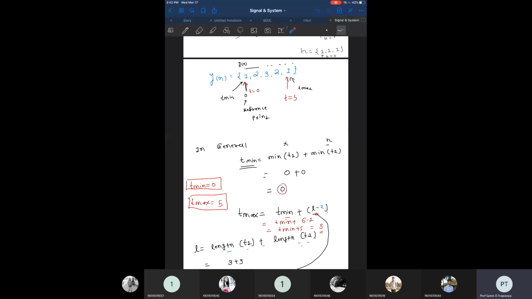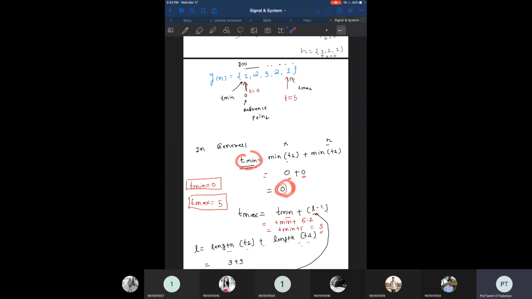The T minimum point can be identified as the minimum value of T1 plus the minimum value of T2, where T1 is the time axis of x and T2 is the time axis of h. So we find the minimum point of the time axis of signal x, plus the minimum point of the time axis of signal h of t. Then we add both together, and whatever the answer, that is the minimum value of the time axis of the signal y of n, that is, the minimum point of the time axis for the signal y of t.